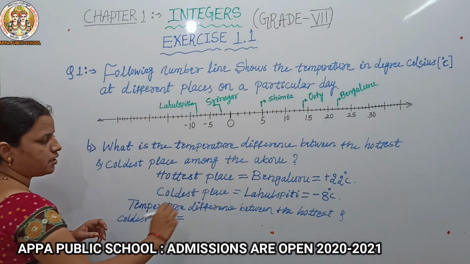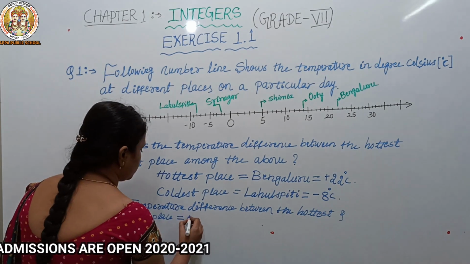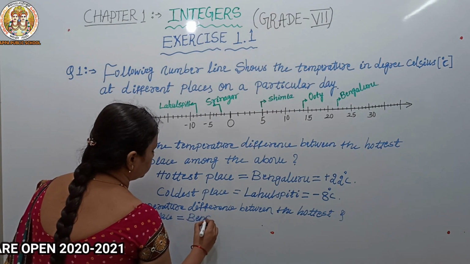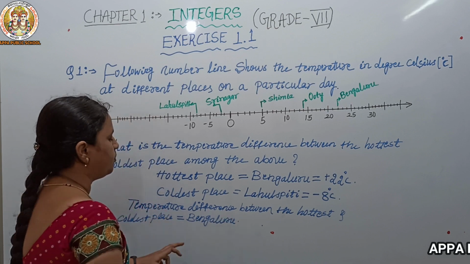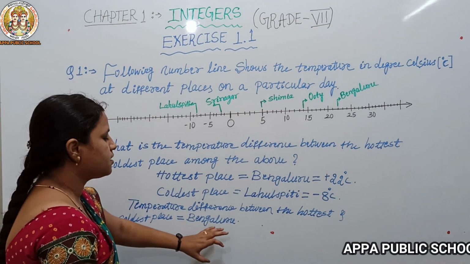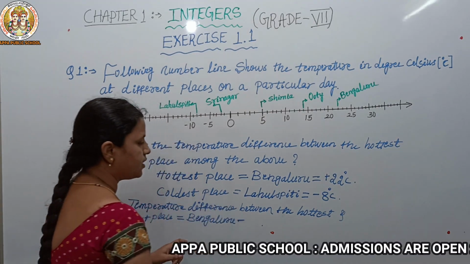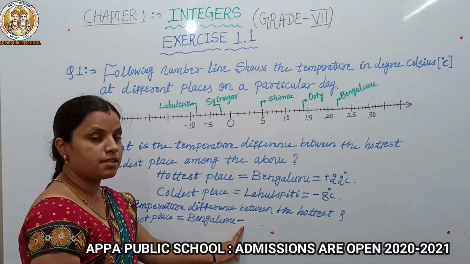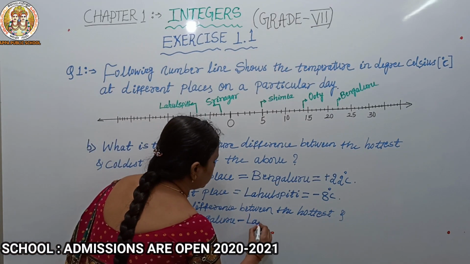See, what is the hottest place? It is Bangalore. So, temperature at Bangalore, minus, as I said, difference means minus, and the coldest place is Lahaul Spiti.